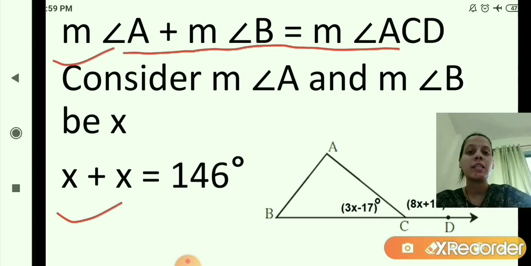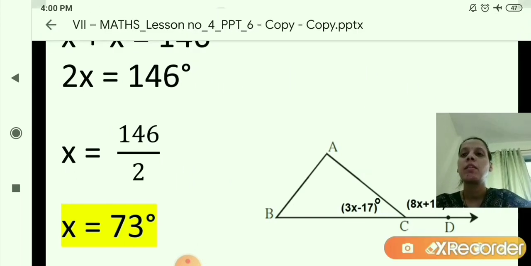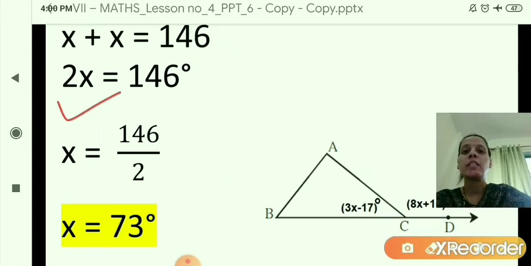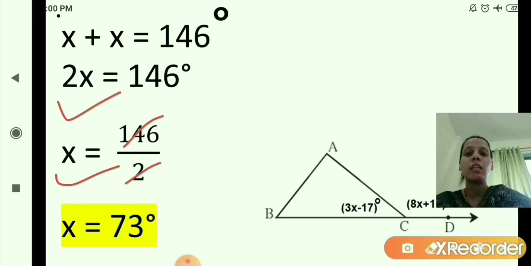X plus x is 2x. So 2x is equal to 146 degrees. So x is equal to 146 divided by 2, right? 146 divided by 2 is 73 degrees.